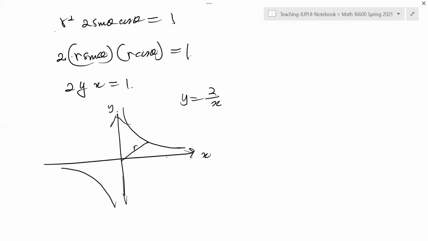And theta cannot be between pi over 2 and 3 pi over 2. If r is negative, you can draw the other piece.